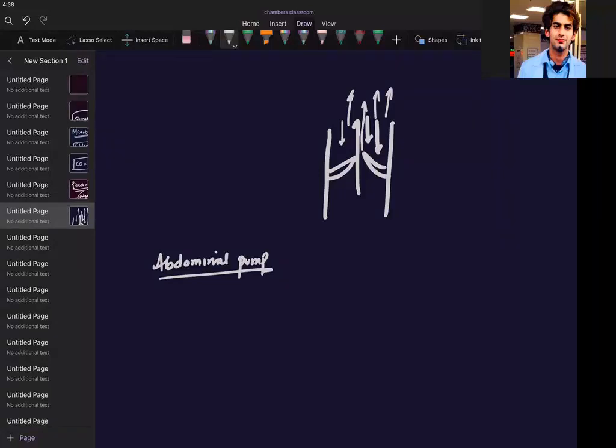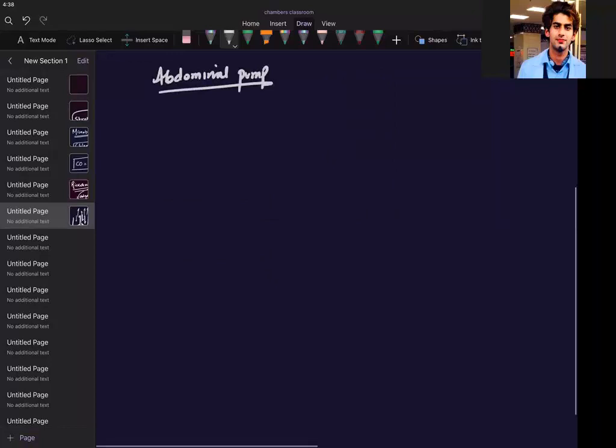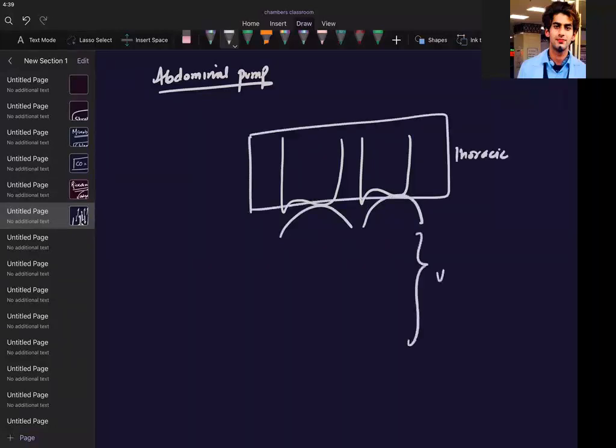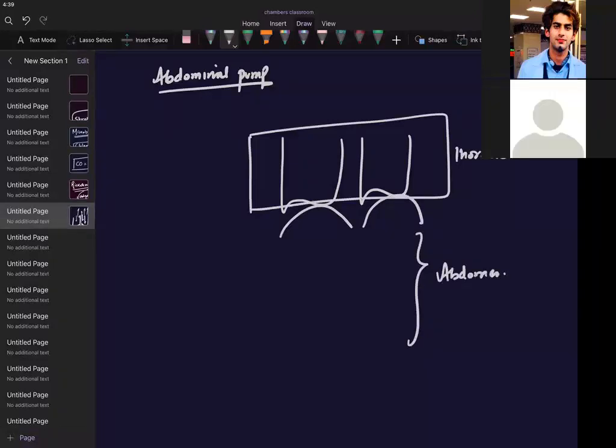If these are your lungs, and this is the diaphragm, this is the thorax, and this is your abdomen.